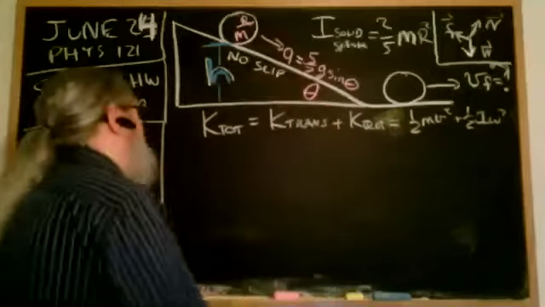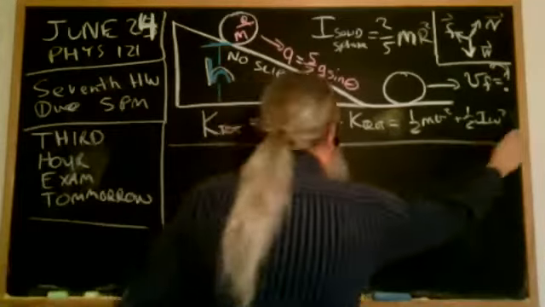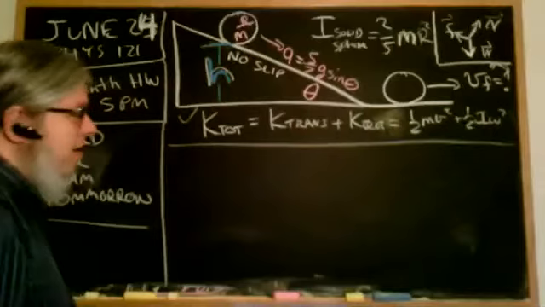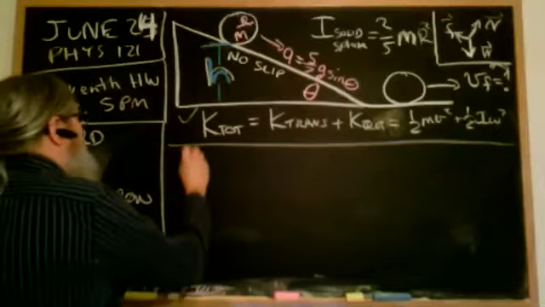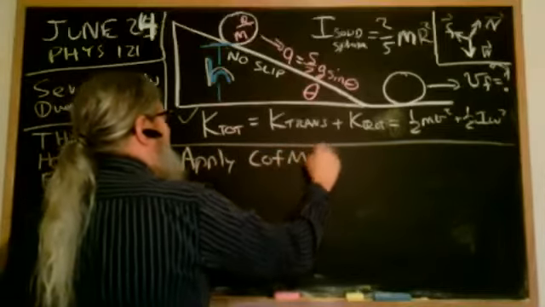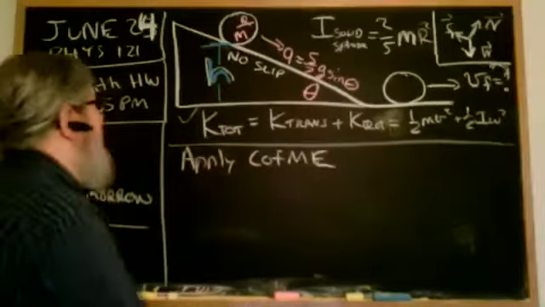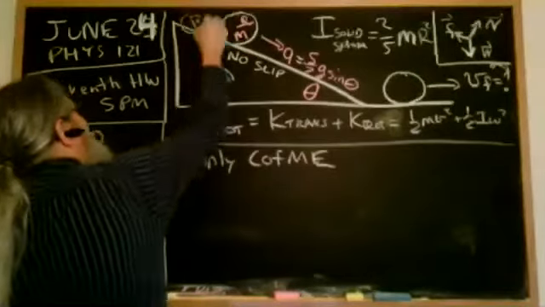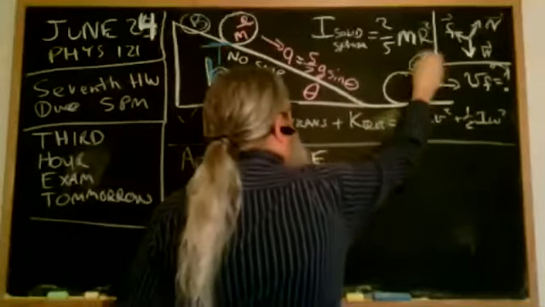That's true in general. So we keep this in mind, and then we say, okay, let's apply conservation of mechanical energy to this problem, where this is the before and this is the after.